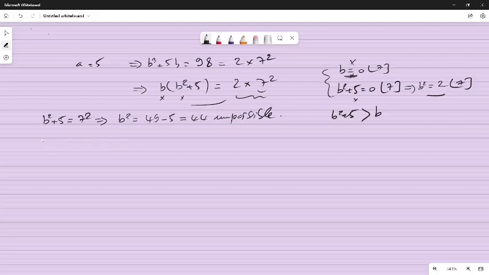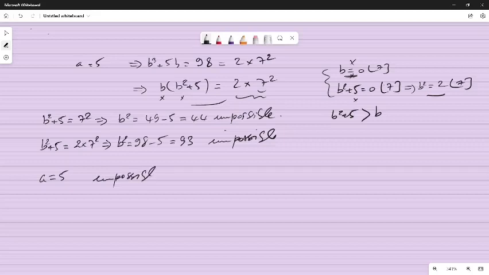The other case: b squared plus 5 equals 2 multiplied by 7 squared. This implies that b squared equals 98 minus 5, 93, and 93 is not a perfect square, and this is impossible as well. So case a equals 5 is impossible.